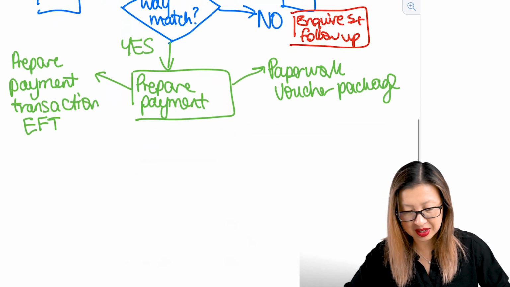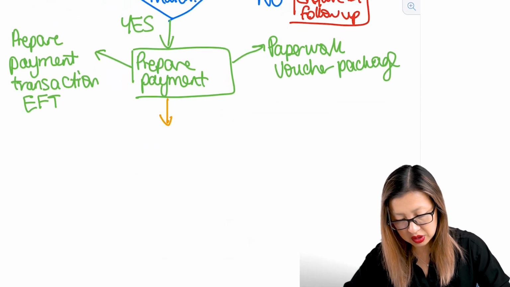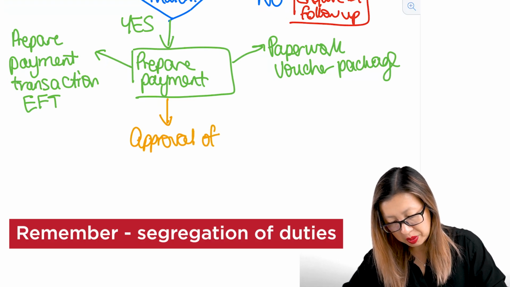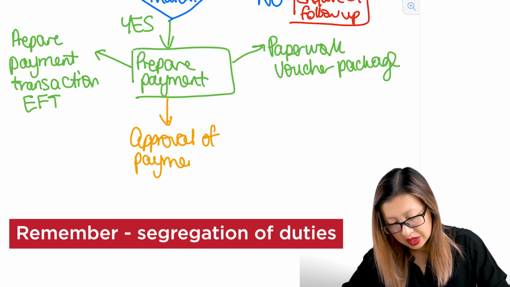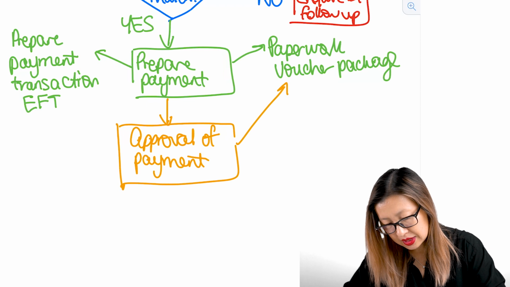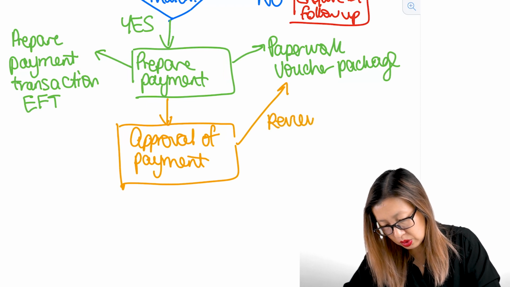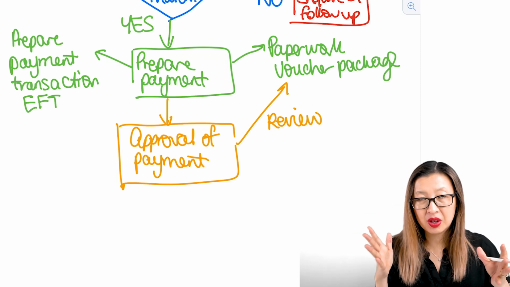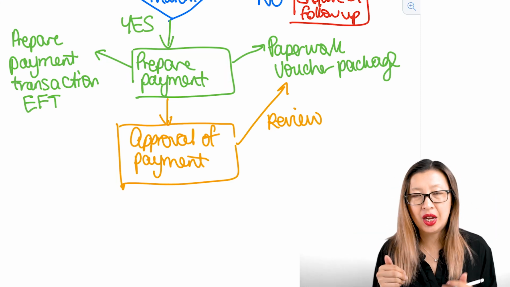Now, the next step here that needs to be done by somebody different is approval of the payment. Now, to approve the payment, usually what that person does is that they will review this package of information. So the accountant will prepare it. They say, yep, I've done all these things. I've checked everything off.